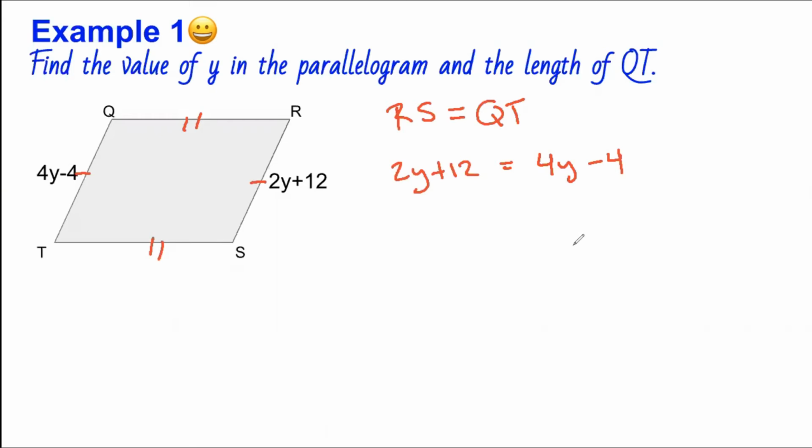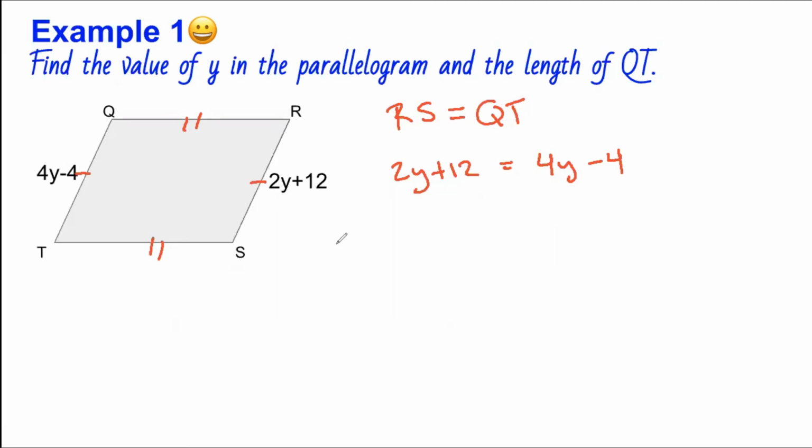Separate the variable from the numbers. Yeah, the variable on one side, the constants on the opposite side. James says add 4 first. We can go any way you guys want. I'm going to start with the variables.